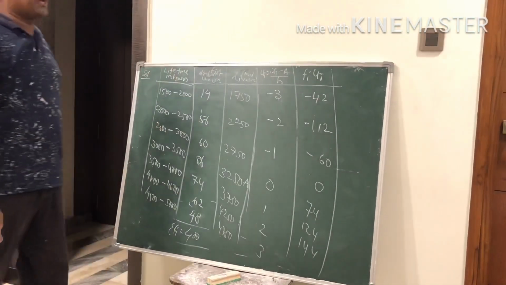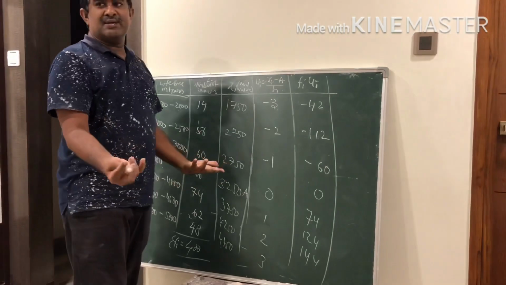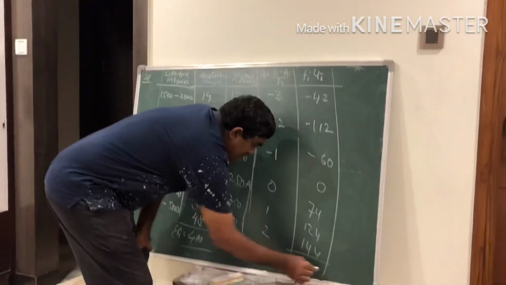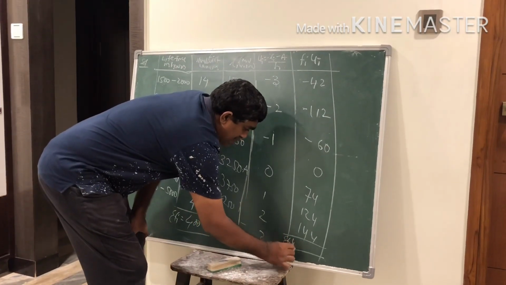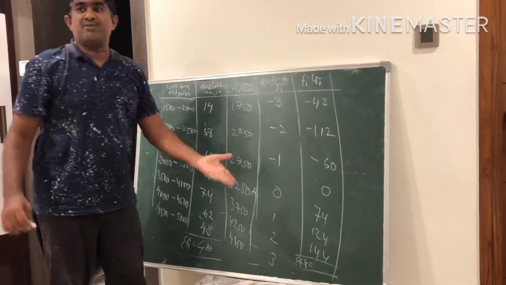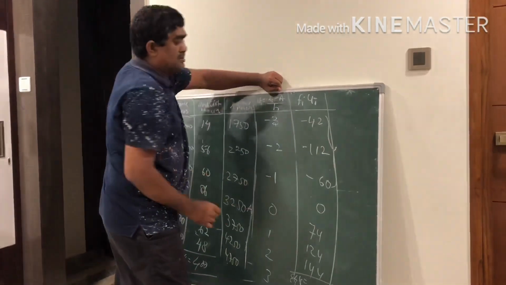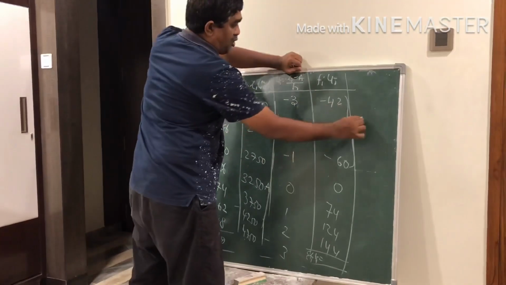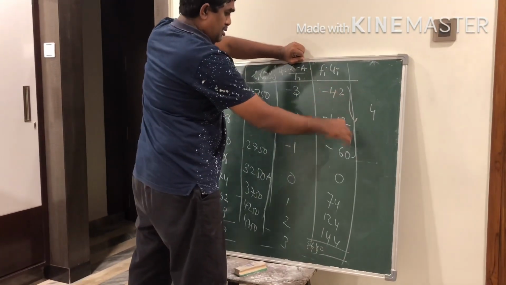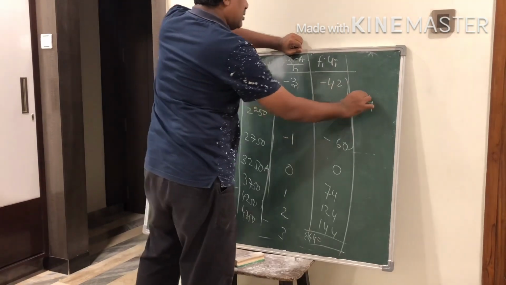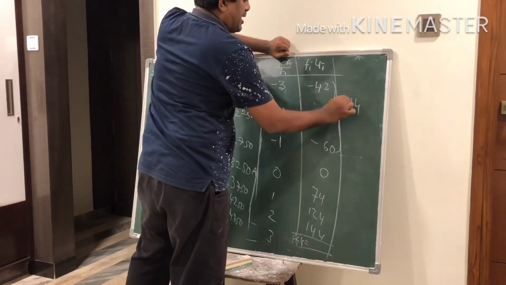See children, now it will become easy multiplication. Now you want sigma fi mu i. Simple, you have to add. All this minus you have to add. 100, 2 to 4, 6 4 10, 1 2 1 4 minus.